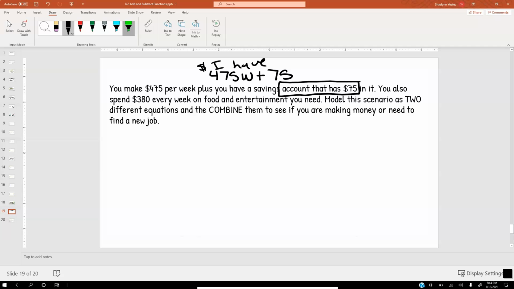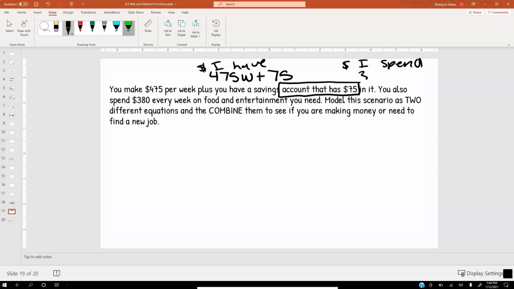I spend $380 per week on food and entertainment. All right. We should probably cut back on spending. Model this scenario as two different equations and then combine them to see if you are making money or need to find a new job.